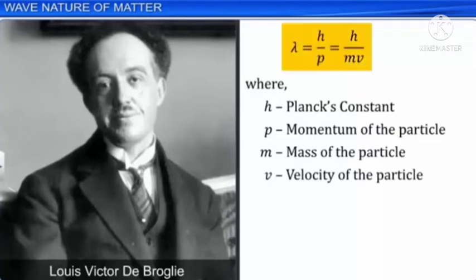This equation is called the de Broglie equation, and lambda is called the de Broglie wavelength. The dual nature of matter is evident in the de Broglie equation. The left-hand side of the equation has the attributes of a waveform, while on the right-hand side are the typical attributes of a particle.